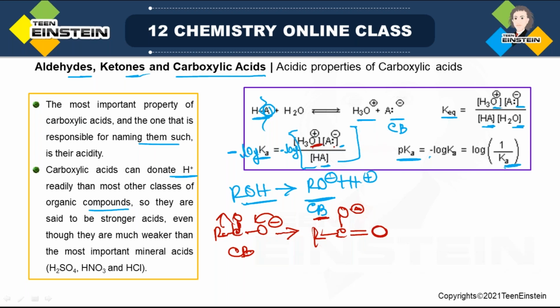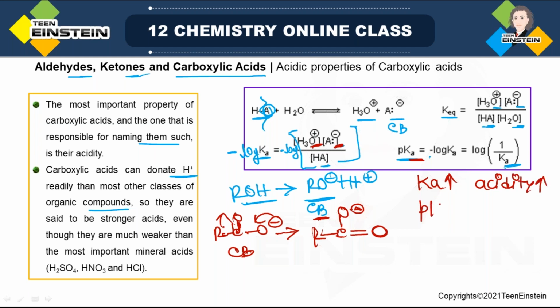So the concentration of these two species will be high, and as this is very high, that means the log of these values will be very high. But as there is a negative sign, when pKa is very low, that means acidity is very high. Or you can say that when Ka is very high, then acidity is also very high, directly related.